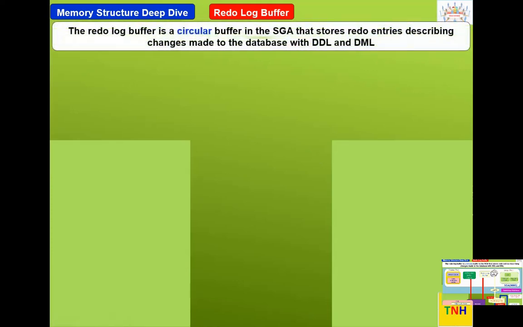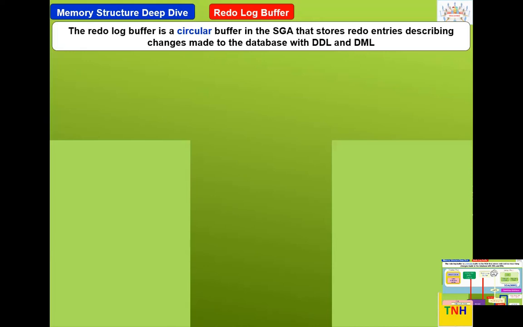As you can see, the redo log buffer is a circular buffer in the SGA that stores redo entries describing changes made to the database with DDL and DML. We have been talking about different algorithms used in certain memory structures.